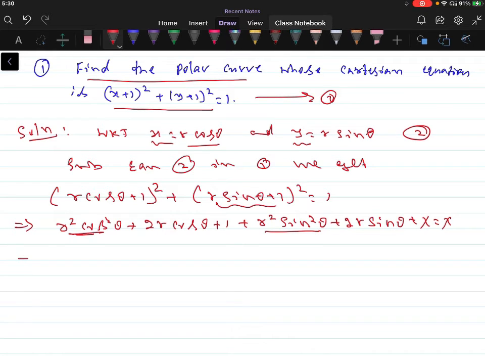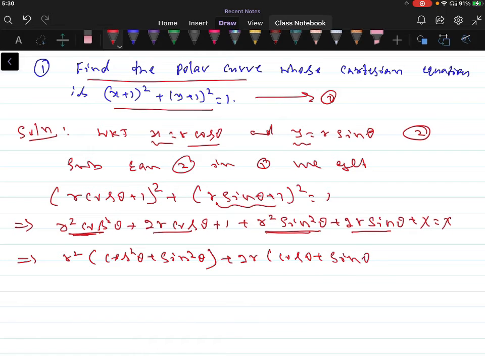Now this implies r² is common from the first term and this one, so r²(cos² θ + sin² θ). From these two terms you can take the common 2r, so 2r(cos θ + sin θ), plus 1 equal to 0.